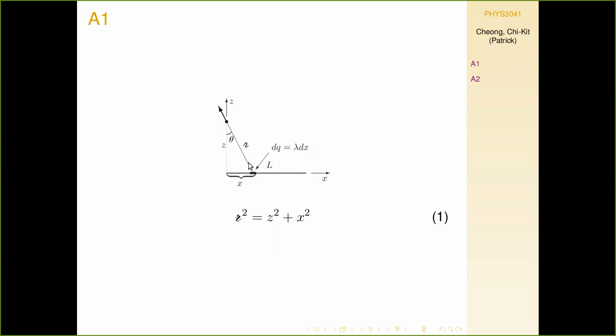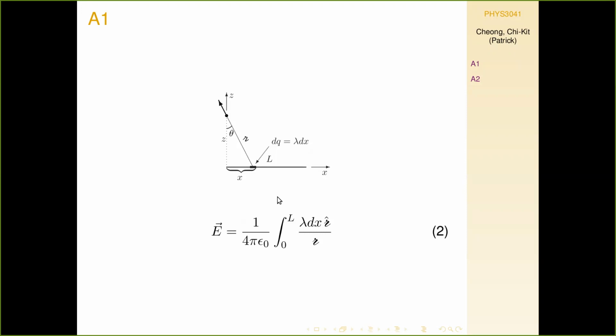So it is clear that r squared equals z squared plus x squared. And then we can directly apply the equation we know to obtain the electric field.